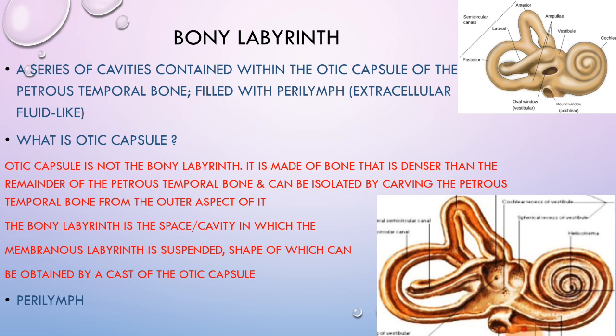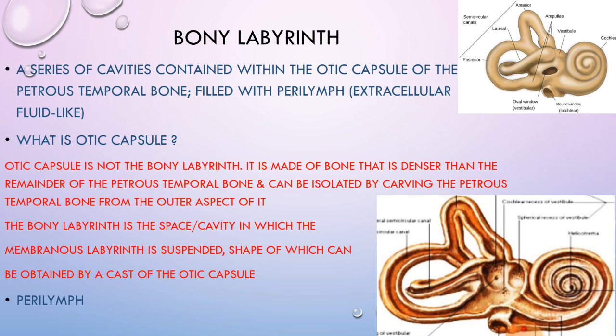Okay, so the bony labyrinth is the space or cavity in which the membranous labyrinth is suspended, the shape of which can be obtained by a cast of the otic capsule. Now, as I've told you, in the petrous temporal bone deep lies the dense bone, which is the otic capsule.